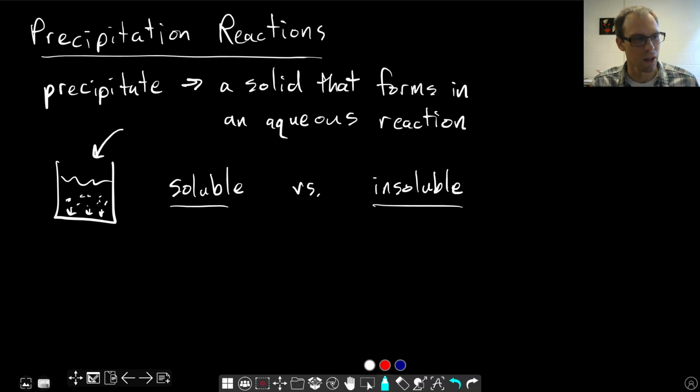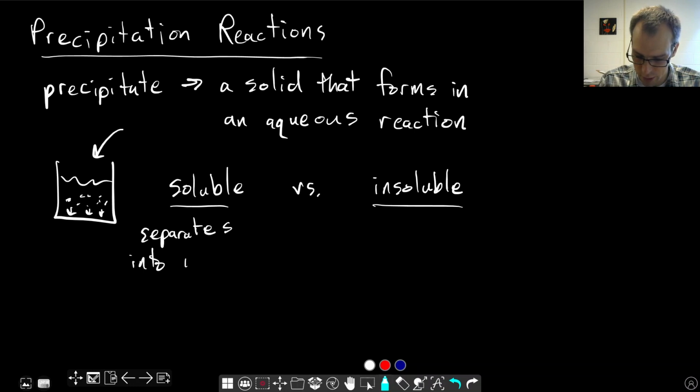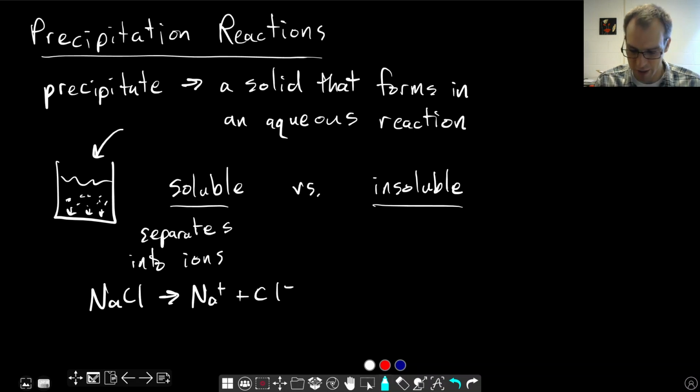And so a soluble compound is one that separates into ions in solution. So an example, sodium chloride: if you put it in water, it will separate completely into sodium ions and chloride ions, and none of the solid remains behind when it dissolves.